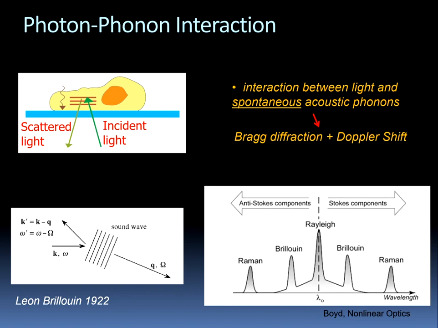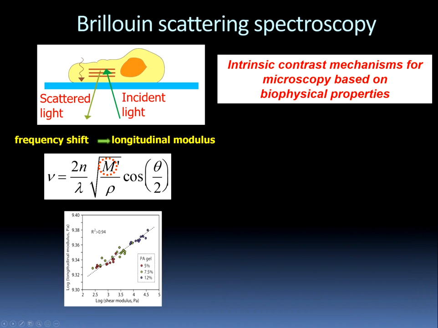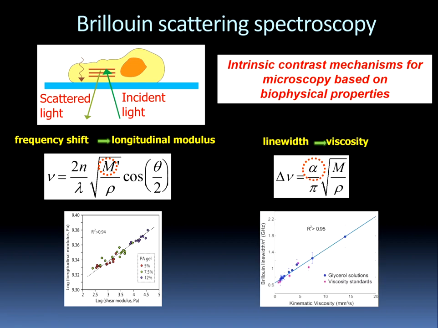The beauty of this is that if you can measure the shift, then that shift is proportional to the longitudinal modulus of the material, and this is a validation that what we measured is indeed correlated to the modulus of the material. If you measure the line width of this resonance, it's basically the viscosity of the material.